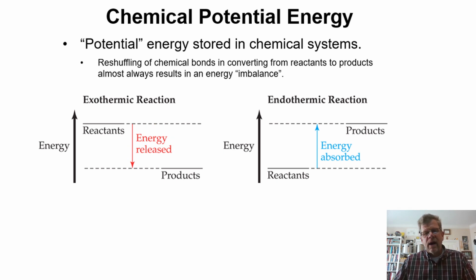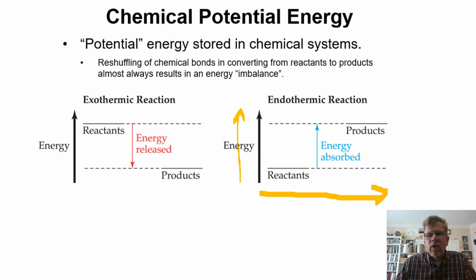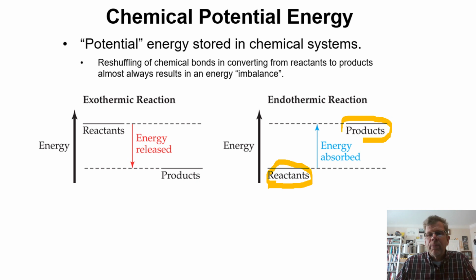Now, if we look over on the right-hand side, we have a different sort of coordinate where, again, we have that arbitrary energy axis on the y-axis, and on the x-axis, we have our progress of the reaction. Notice in this case, the stored potential energy in the reactants is less than the stored chemical energy within the bonds of the products.